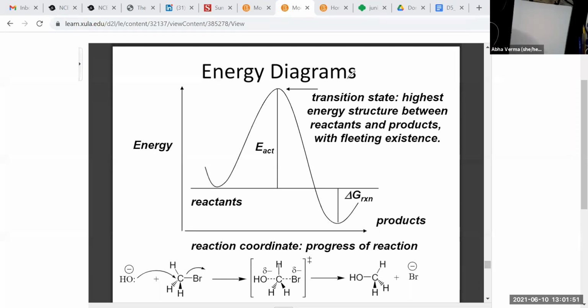What we see here on the y-axis is the energy. What we see here on the x-axis is time, or the progress of the reaction. As the time passes from 0 to 20 minutes, for example, what is happening here?